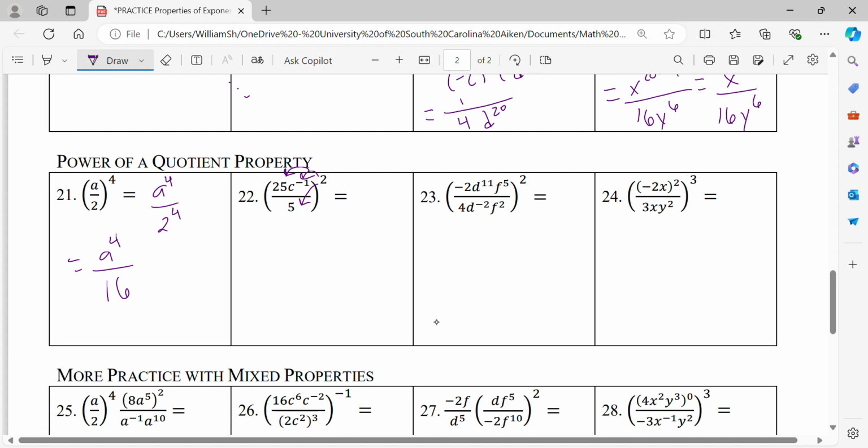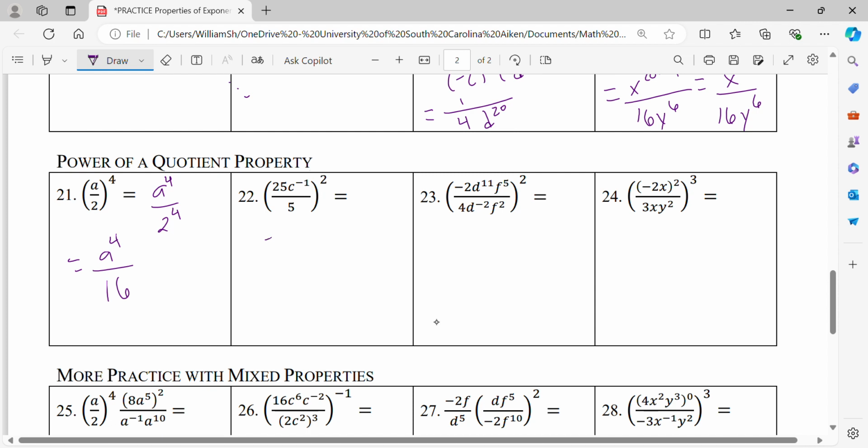if you had to square in your head 25, that'd be 25 times 25, that might be something that's difficult for you. So keep in mind that with these problems, you don't always have to force through the properties to begin with. The first thing that I would do here, before I tried to force through my quotient property or power of a quotient property here, is I would see if maybe there's a simplification step.